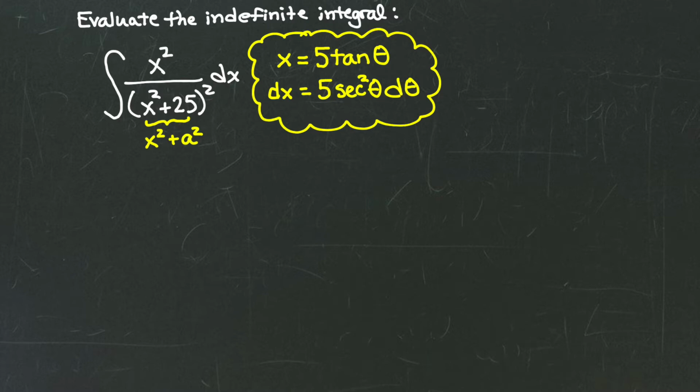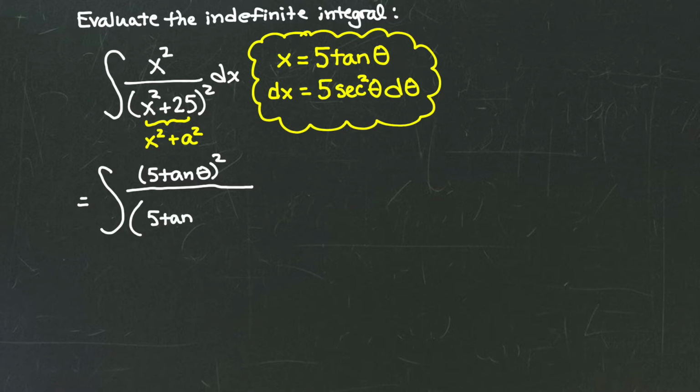Starting at the top, we have x squared. So we're going to replace x squared with 5 tan theta squared. Real simple, right? And on the bottom, again, x squared plus 25. So we're simply going to put 5 tan theta in for x, plus 25 to the second.